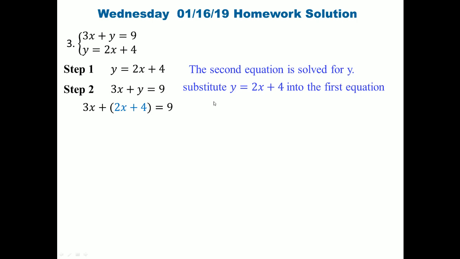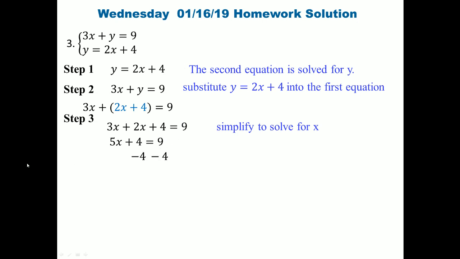Because we say that is true. Step 3. Simplify to solve for x. Right? So here, there's a 1, distribute. Okay, so 3x plus 2x becomes 5x. 4 comes down, the equal sign comes down, the 9 comes down. Okay, subtract 4 from both sides, 5x equals 5. Divide by 5 on both sides, you get x equals 1.